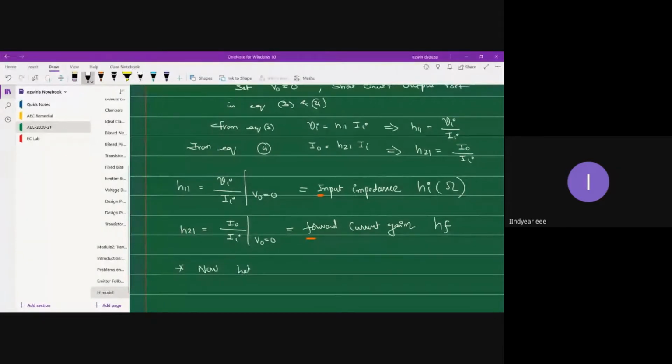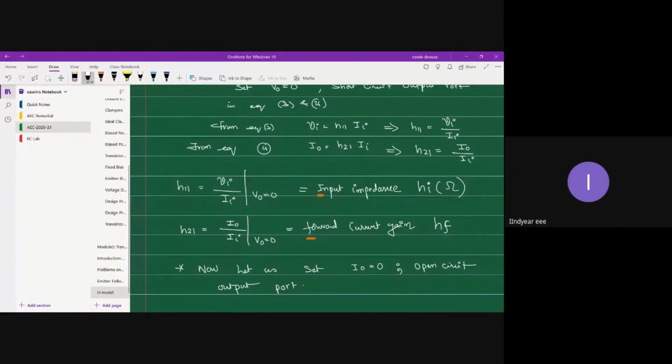Now let us set I0 is equal to 0, that is open circuit the output port.